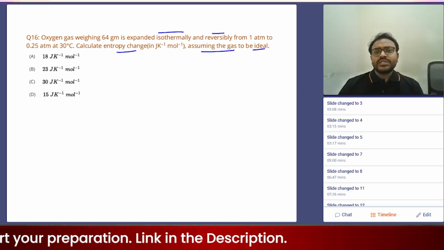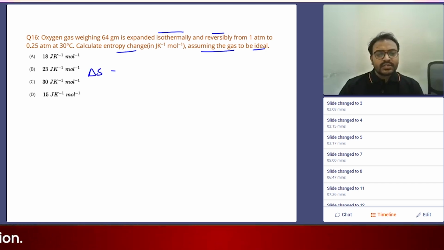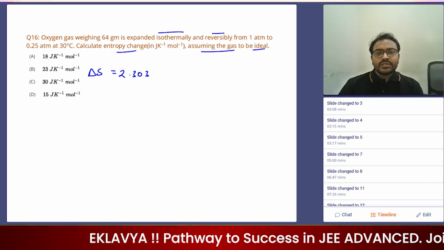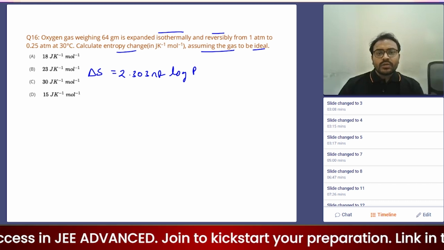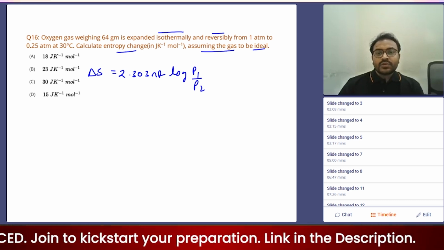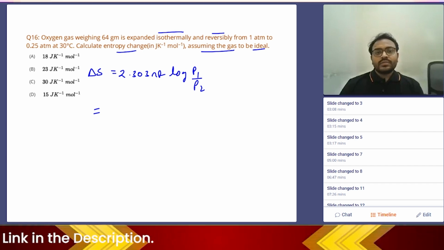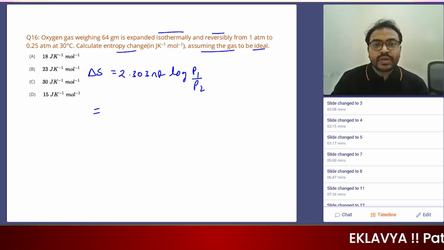Calculate the entropy change assuming the gas to be ideal. So for ideal gases there is a formula to find the change in entropy, and for an isothermal process we can directly use 2.303 nR log P1/P2. This formula can be used to find the change in entropy.